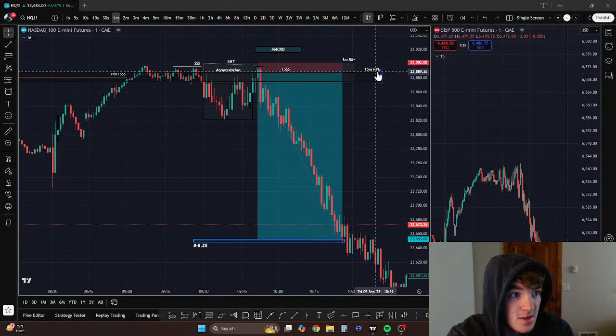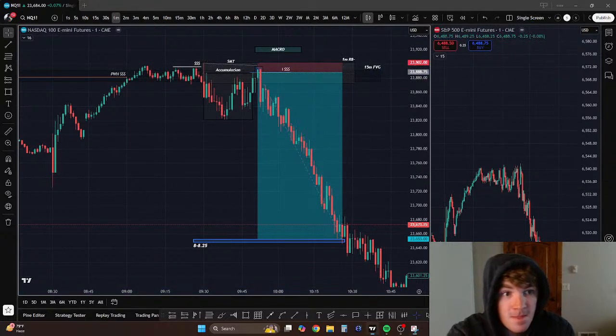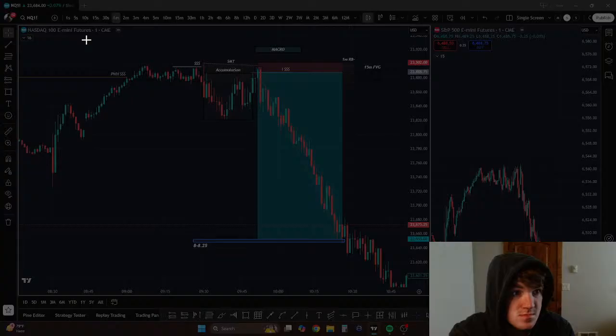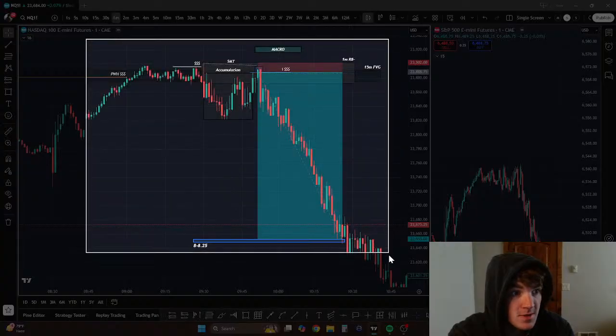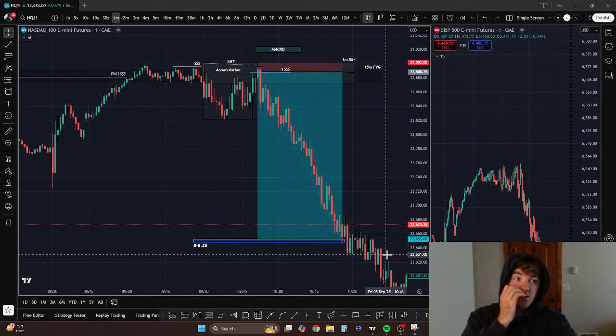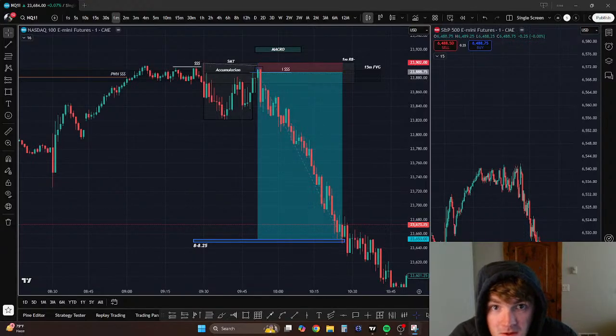Let's actually drag this up so we can see previous week's high. Okay, flow state mini, because we're entering a consequent encroachment of the rejection block.